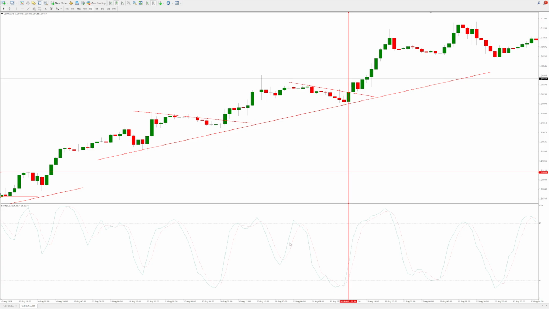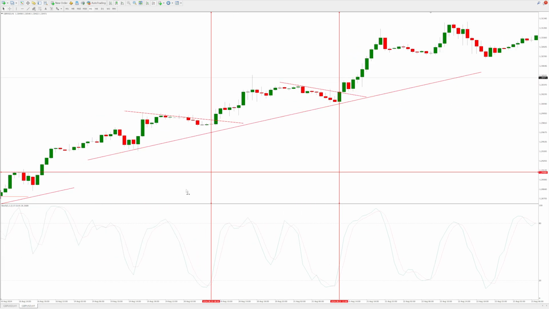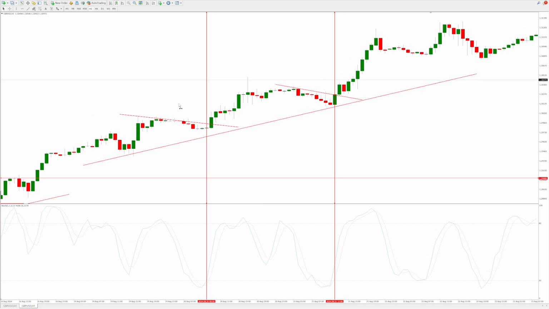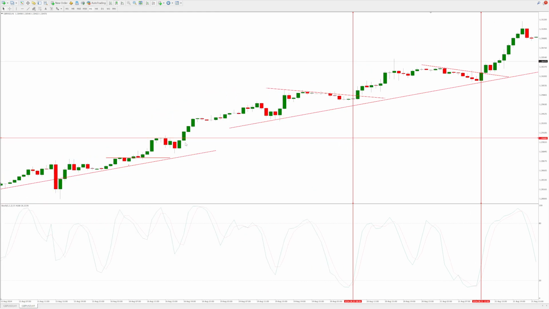There's another one as well. And these coincided with the resistance levels that we were speaking about just now, and of course the trend. So there's many ways you can interpret the inside up candlestick pattern.